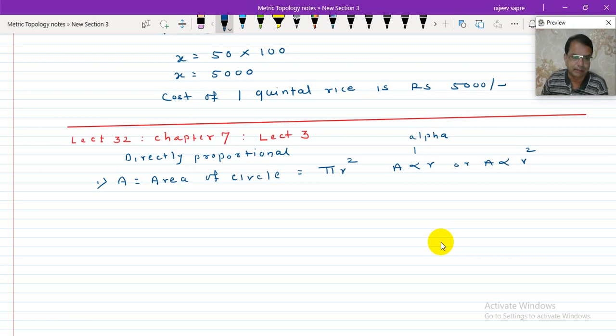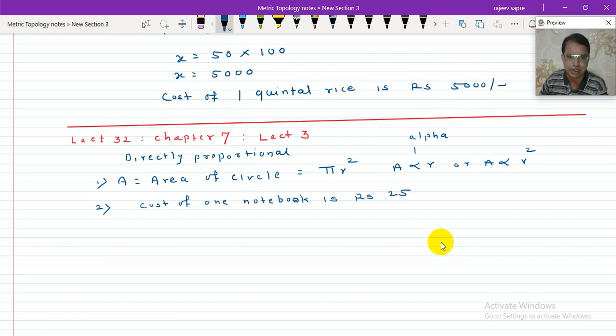Now second example. Suppose I know that the cost of one notebook is say rupees 25. Then you know what is the cost of two notebooks? 50. What is the cost of three notebooks? 75 rupees. What is the cost of five notebooks? 125 rupees. So whenever the number of notebooks increases, the total cost will increase.